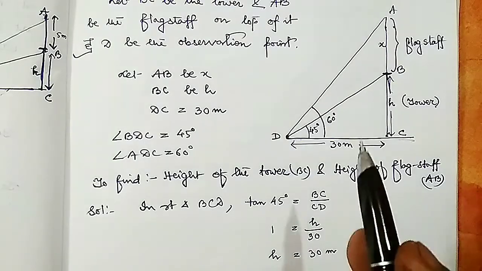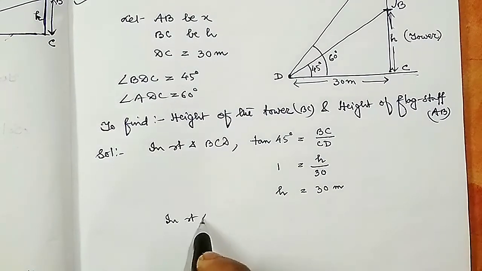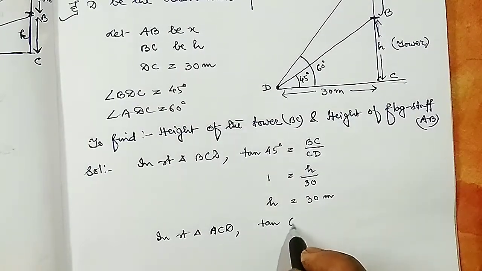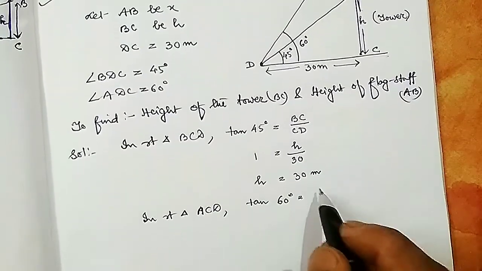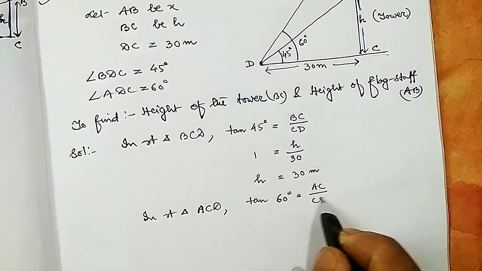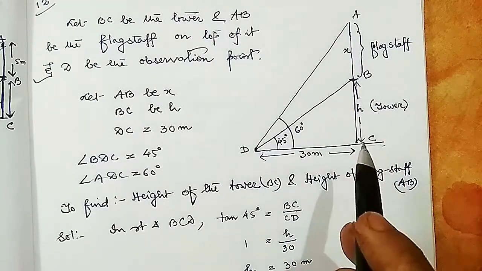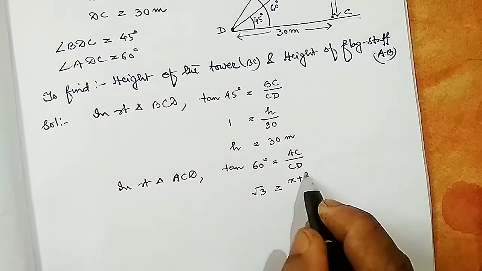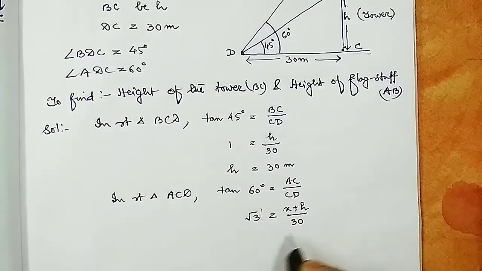Now in the bigger triangle, that is ACD, in right triangle ACD, tan of 60 degrees, tan 60 will be AC by CD. Tan 60 value is √3, known to us. What is AC? AC here is AB plus BC, that is x plus h. So x plus h. We know CD equals 30. So instead of CD we are writing 30.